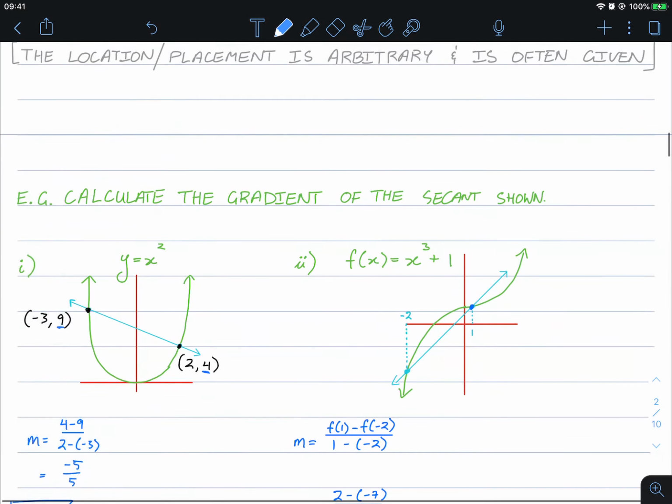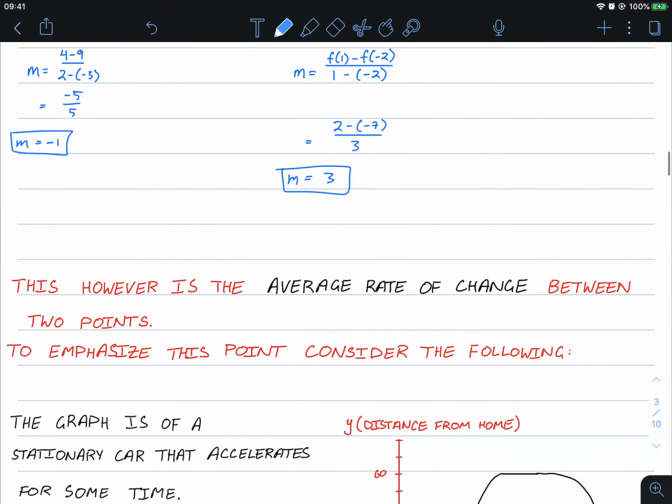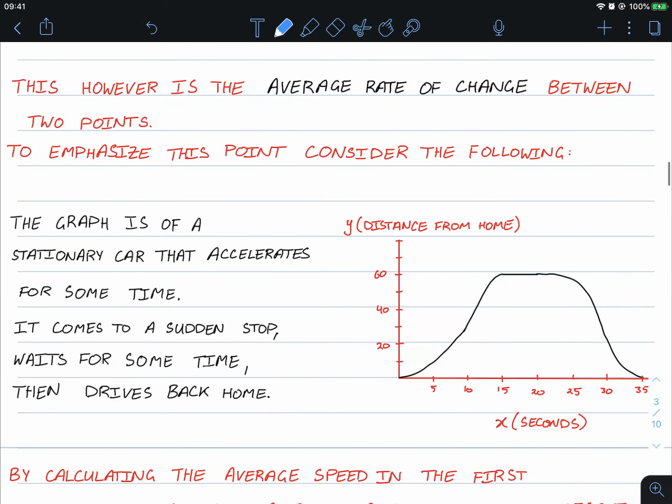So we can calculate the gradient of a secant. This, however, is just the average rate of change between 2 points. To emphasize this idea, consider the following. The graph of a stationary car that accelerates for some time. So here's the car, it's stationary here.